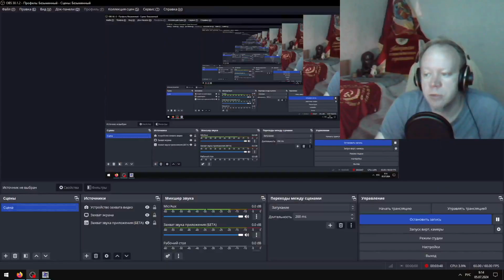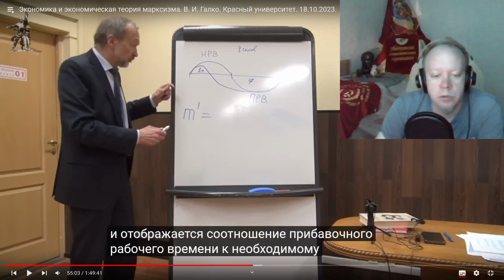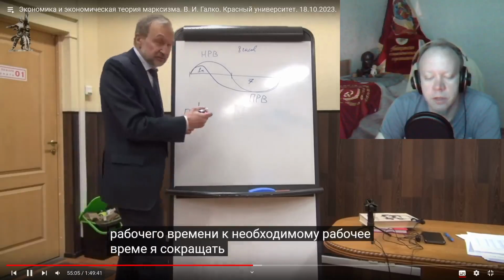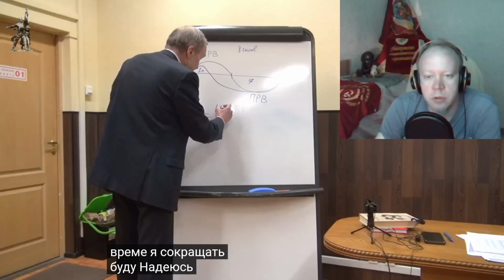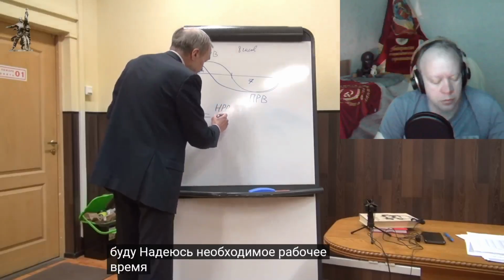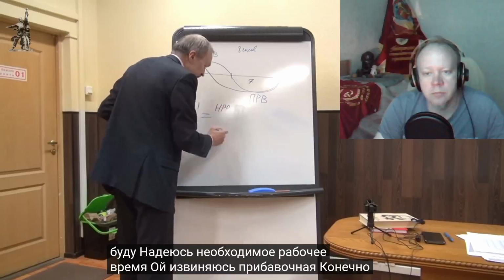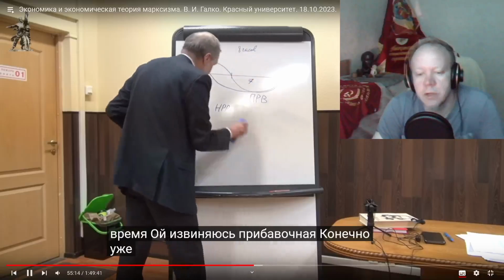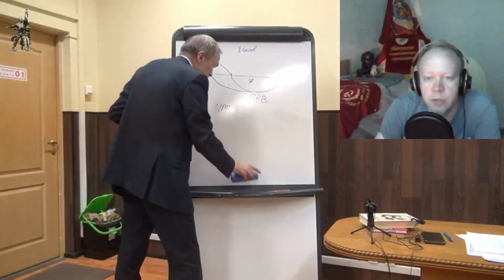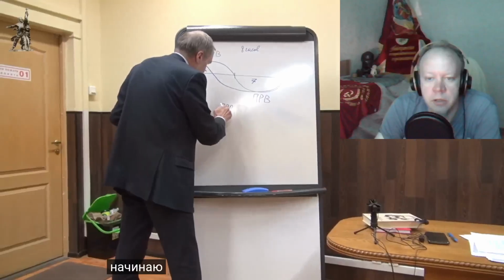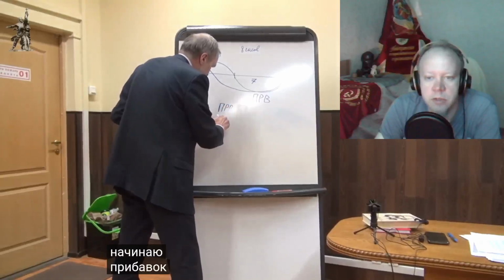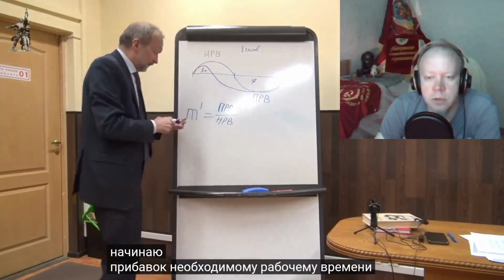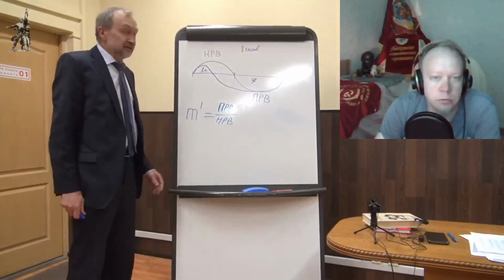We can shorten that. Of course, we write the surplus labor time above, and the necessary labor time here below. That's the ratio.